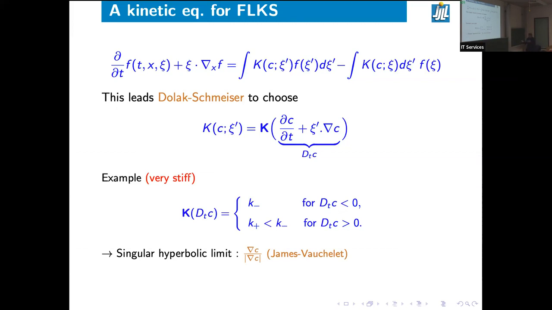You need just an equation of first order, and the coefficient will be very singular because it will depend on grad C divided by the modulus of grad C. And of course, solving a transport equation with such a bad object is a complicated thing, and all the work was done by François James and Nicolas Vauchelet, around ideas of very weak flows that you get by duality.